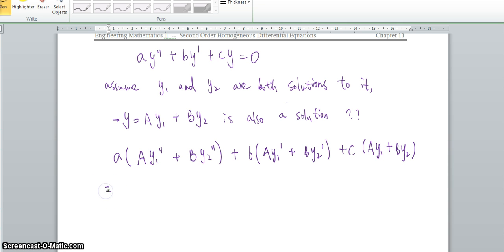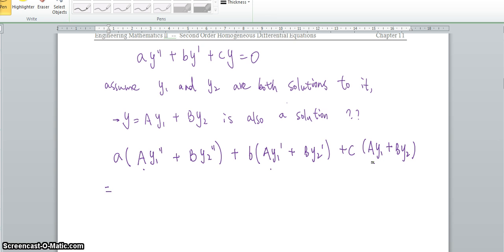So is it 0? Well, let's see. Now, I'm going to rearrange these terms in the sum in this way. You see, here's a term involving a, another term involving a, another term involving a.